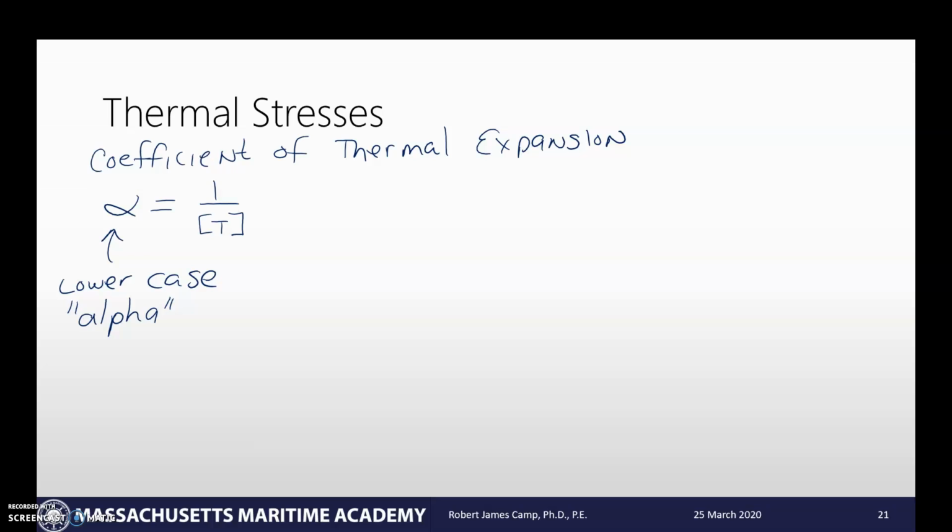So alpha times the change in temperature will tell you how much expansion or contraction you have. Because alpha is per unit temperature, multiplying by the change in temperature really gives you a percentage.